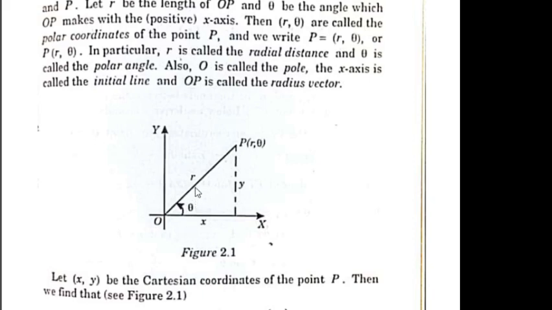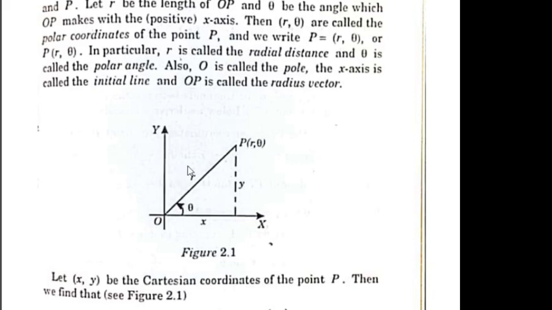So as you change r and theta, you will get different positions of the point P in a plane. Therefore r and theta are called the polar coordinates of the point P.